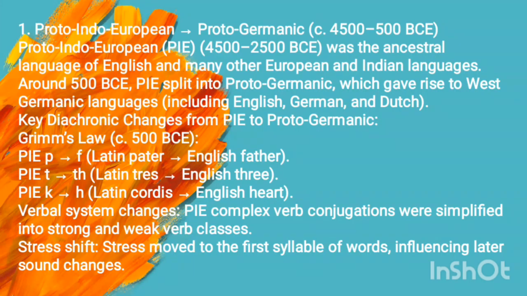Now we will see diachronic changes from PIE to Proto-Germanic. Grimm's law starts from 500 BCE. This explains how certain sounds changed from PIE to Proto-Germanic.